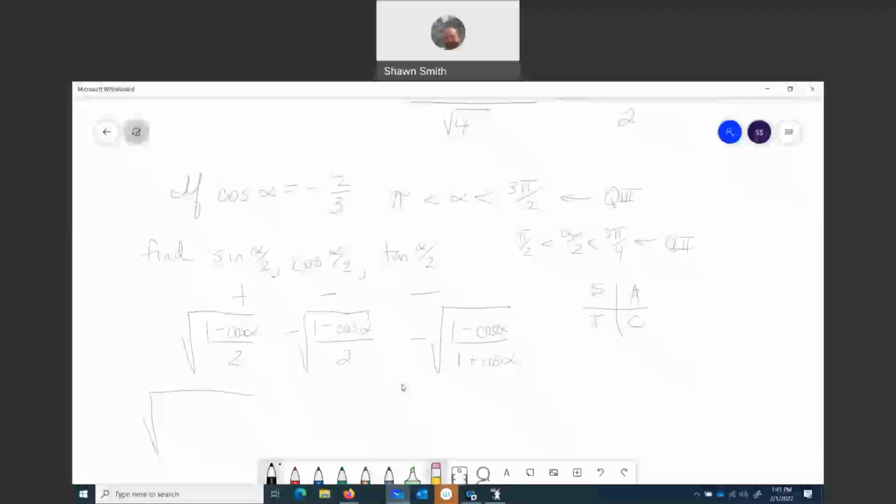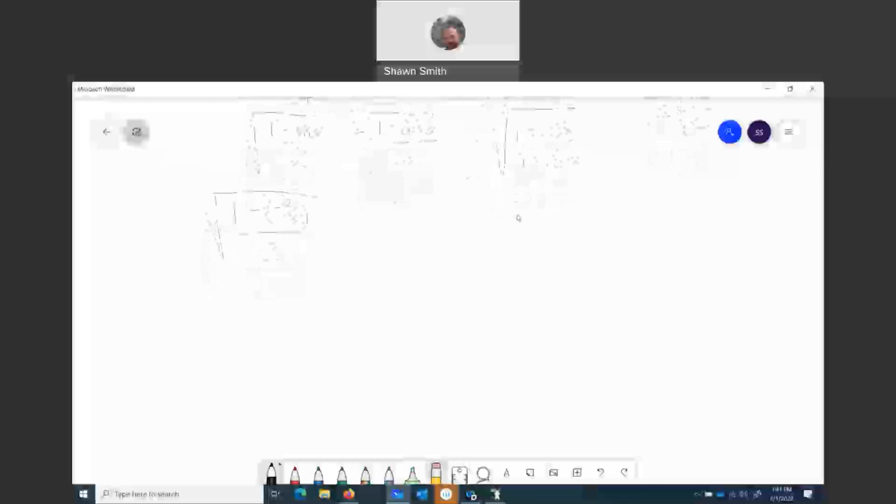So 1 minus negative 2/3 over 2. Let's go ahead and just work that one out. So that's 1 plus 2/3 under the radical, all over 2. I can multiply everything by 3 in this case.